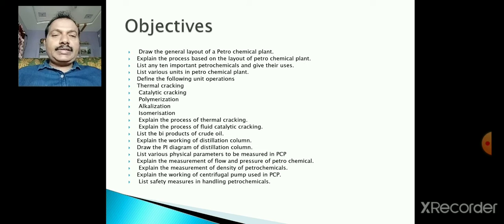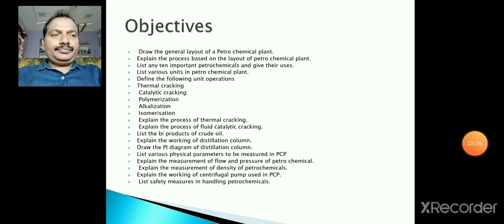And what are the safety measures we have to take care of so that it should not be hazardous to human beings, the working personnel in the industry. So those safety measures we consider today.